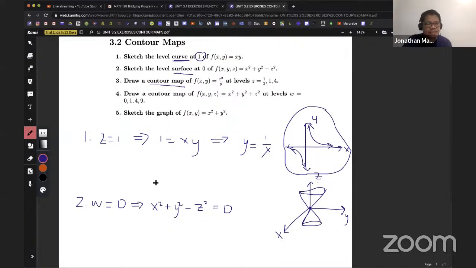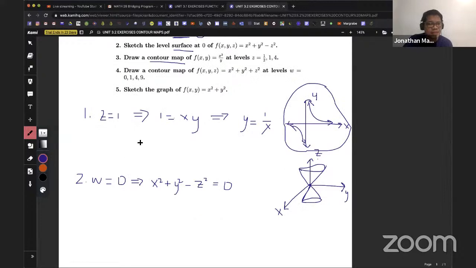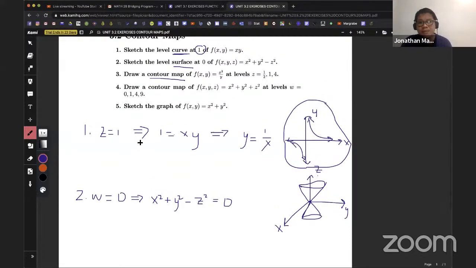So next, we answer this, item number 5. Item number 5, sketch the graph of f of xy equals x squared plus y squared. For item number 3 and item number 4, kayo na bahala dyan. Okay?